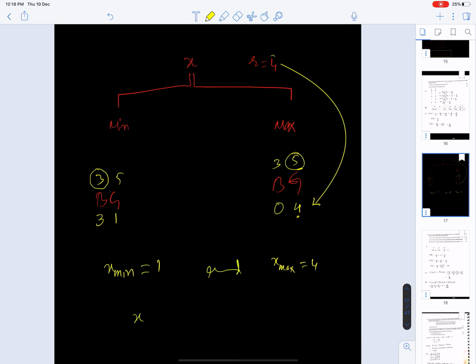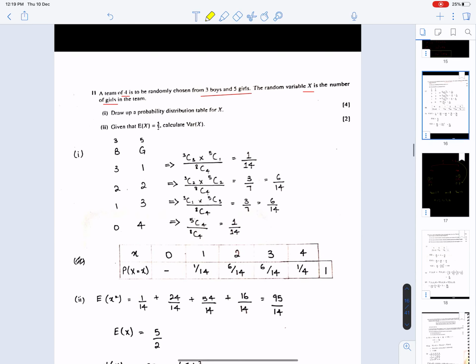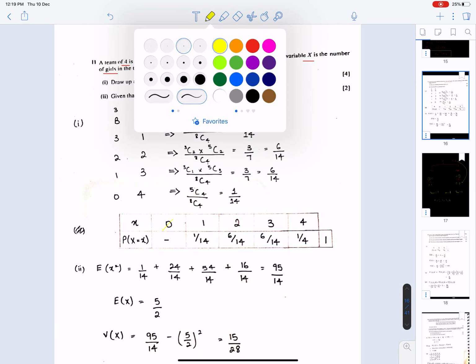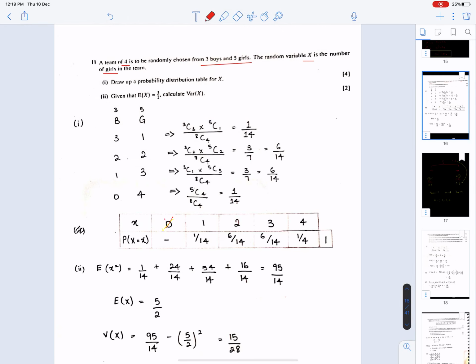So x will take the values 1, 2, 3 and 4. This is the way to get the values of x in these types of questions. X cannot take 0, you just need to ignore this value. X will take values from 1 to 4 inclusive.